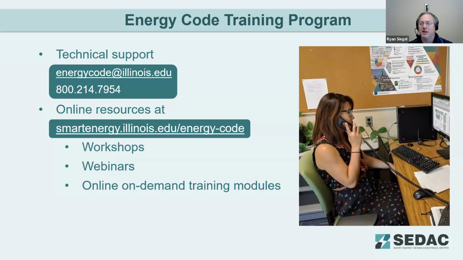But again, our preferred method of communication is that email address, energycode@illinois.edu. That allows everyone on our team to provide input on the response, and we can provide you a written response to your question, which can be very helpful for working with the project team and the code officials, so that everyone's able to read from the same response rather than, well, I heard from this person who told that person. Having that written response oftentimes seems to be quite helpful.